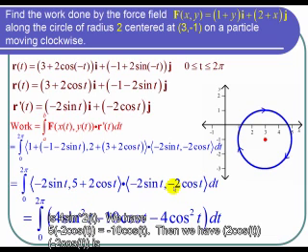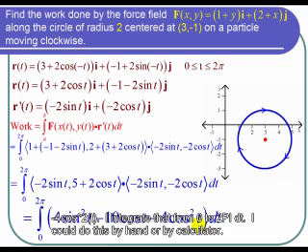Then 5 times negative 2 cosine of t is minus 10 cosine t. And then 2 times cosine of t times negative 2 times cosine t is minus 4 cosine squared t. So I integrate that from 0 to 2 pi, dt.